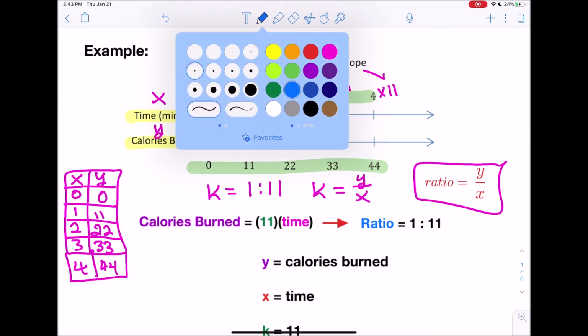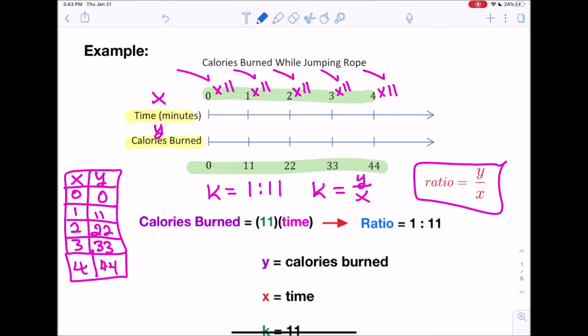So what is 0 divided by 0? Well, it's going to be 0. 11 divided by 1 equals 11, and that's the answer we got up here, 11. 22 divided by 2 equals 11.